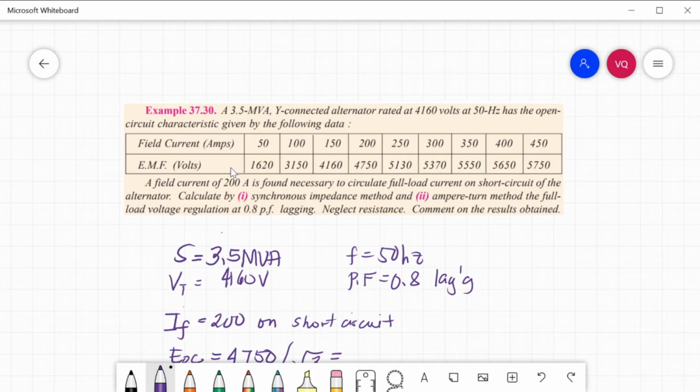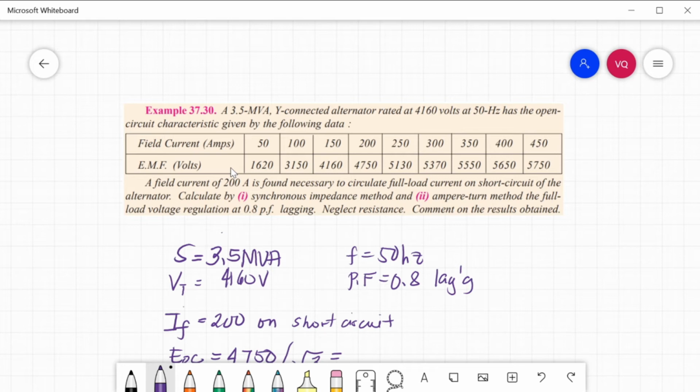We have field currents 50, 100, 150, 200, 250, 300, 350, 400, and 450. We have the EMF voltages, in three-phase, from 1,620 to 5,750. Field current 50 has a voltage of 1,620 and so on and so forth.